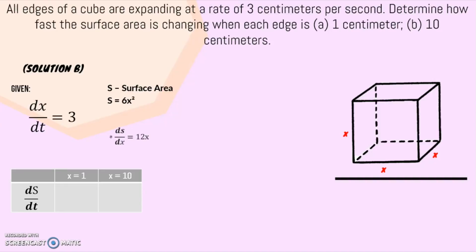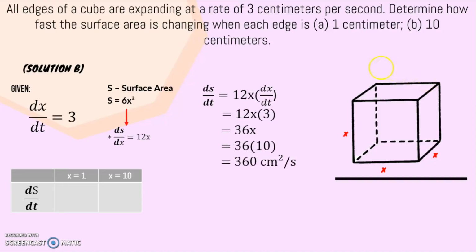As you can see, this part right here is the one that changed because our x this time is 10. So we substitute 10 for the value of x, therefore having 360 square centimeters per second.